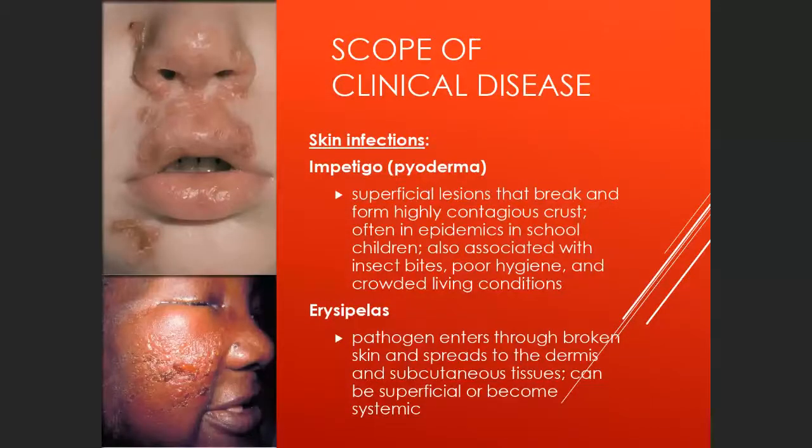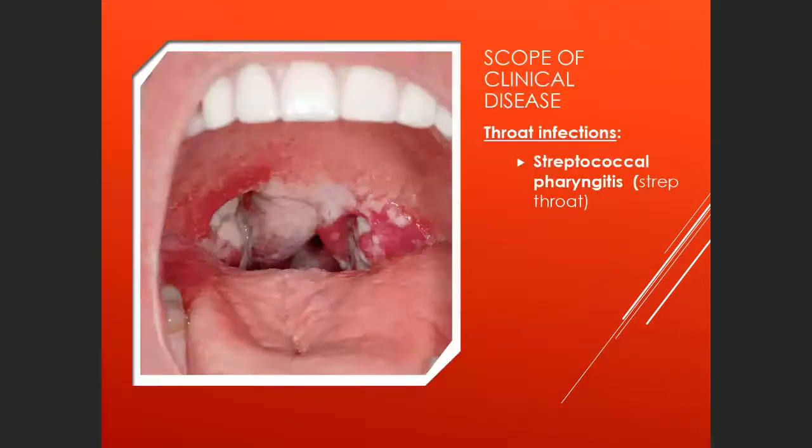Okay, the diseases caused by Streptococcus pyogenes. First, skin infections like impetigo, like these ones over here, in children. And erysipelas. These are caused by Streptococcus pyogenes. Especially in children, they can also cause strep throat, streptococcal pharyngitis.